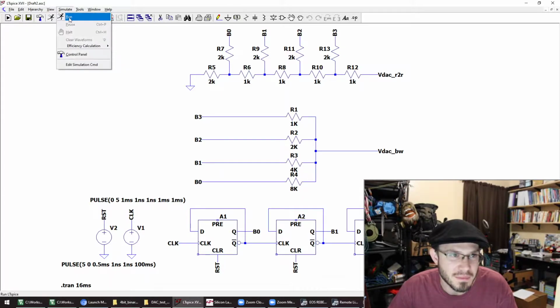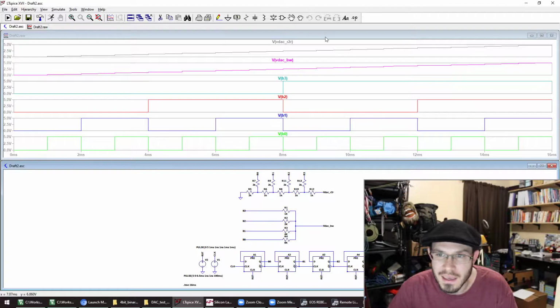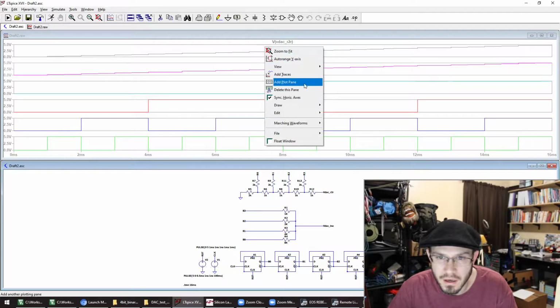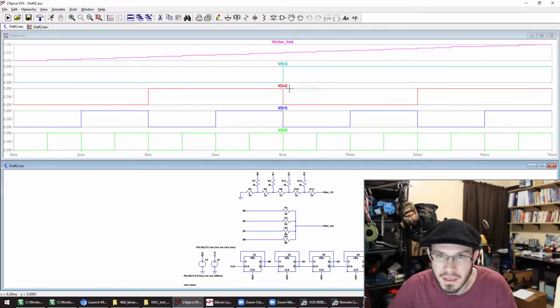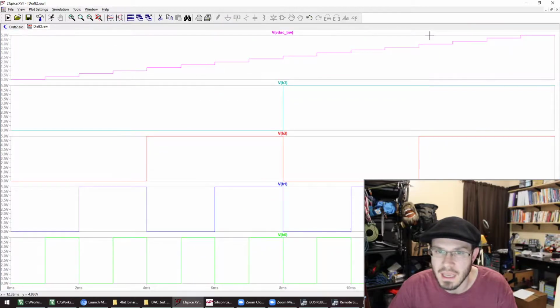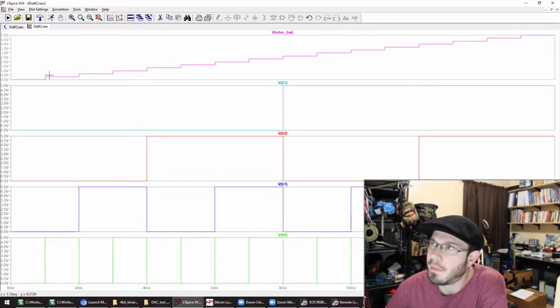And if I go ahead and simulate and run this, you can see, if I kill the R2R pane there, and if I zoom in a little bit, you can see that we get this staircase pattern.